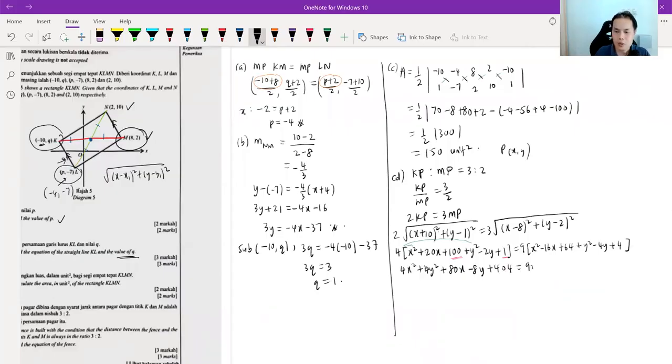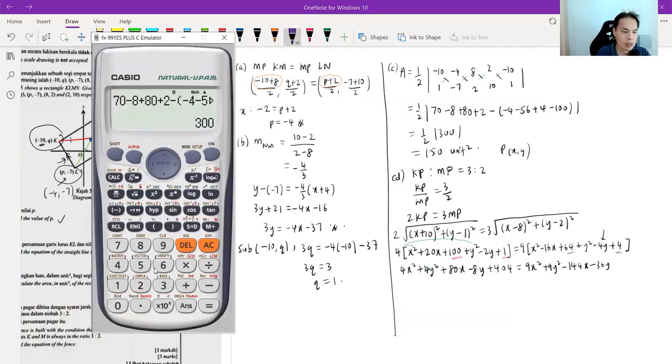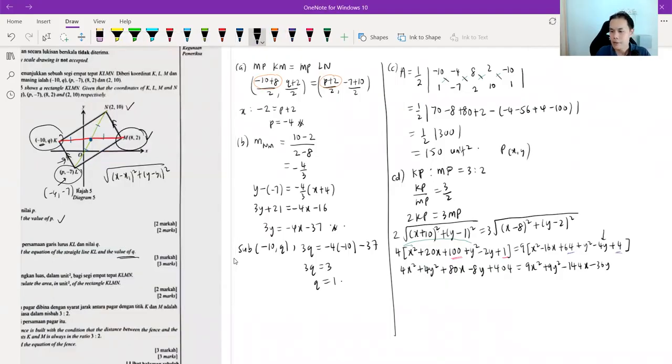Then 9 times x squared, 9x squared. Let's do the y first, 9y squared. 9 times 16 is 144x. 9 times 4y here is 36y. And then I have 64 plus 4, 68. 68 times 9 gives us 612. Big number.